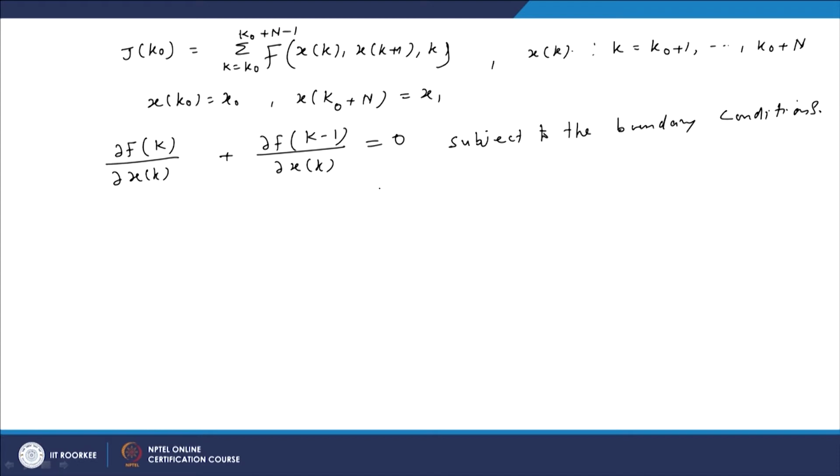So, this is solved for various values of k equal to k0 plus 1, k0 plus 2, up to k0 plus n minus 1. If you substitute these k values, we will get a set of algebraic equations, and we can solve them using these two boundary conditions.